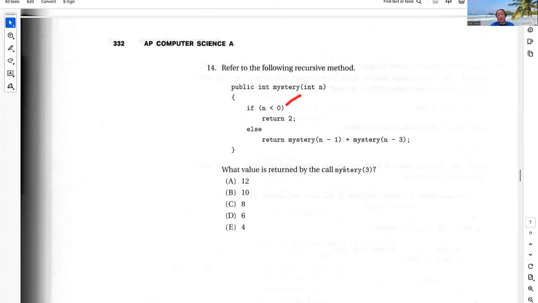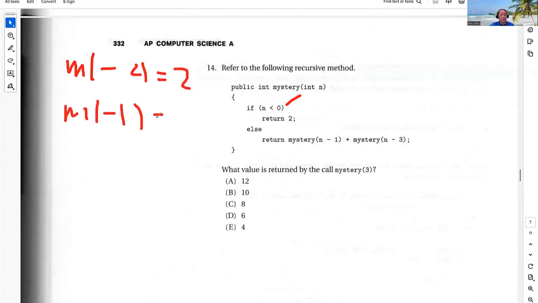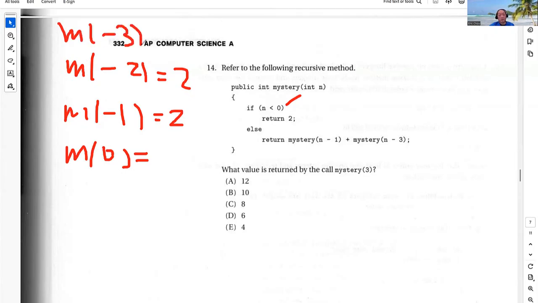It tells you everything less than 0 is 2, so you can write n minus 2 equals 2, n minus 1 equals 2. How about m0? So n minus 3 also equals 2. So m0 is what?